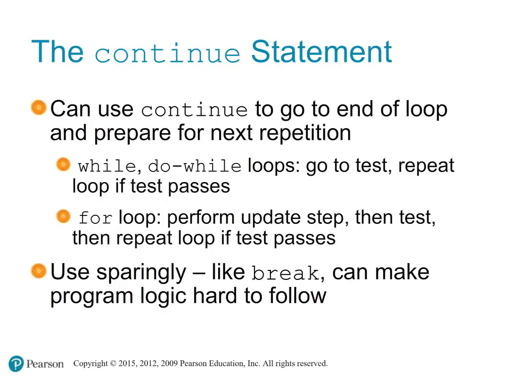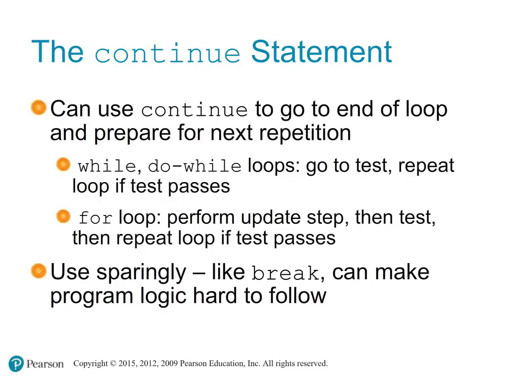The continue statement is another control structure that can be used within loops. Unlike break, which completely exits the loop, continue skips the remaining statements in the current iteration and moves to the next iteration.